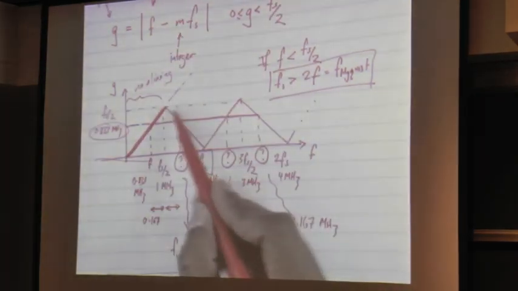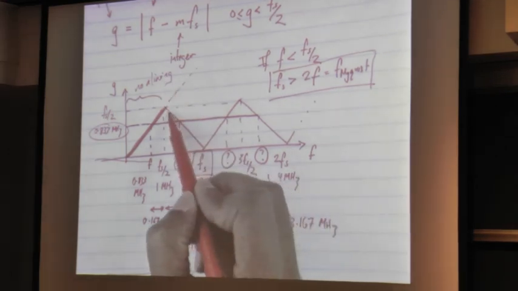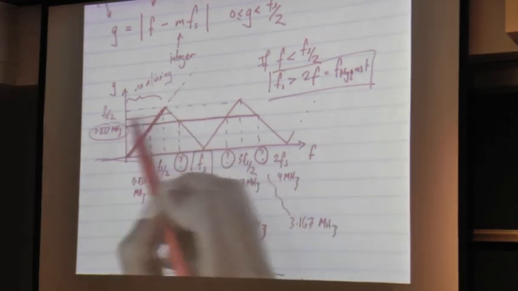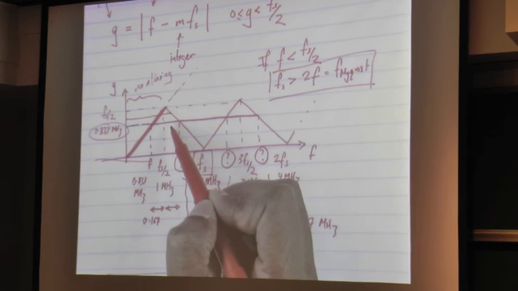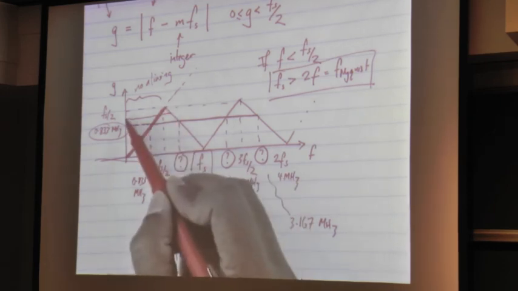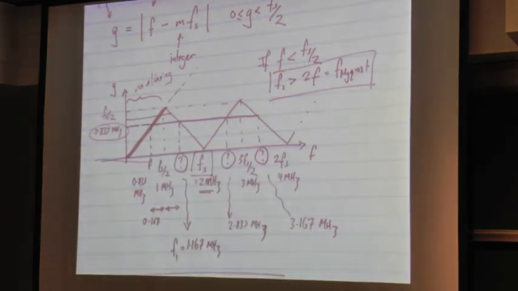It's on this downward part of the curve, and so it maps to a g which is not equal to itself. It maps to a lower value of g. So yeah, what you said is exactly right. If the sampling frequency is 2 megahertz, then if f goes above 1 megahertz, half of it, then it aliases to something else.